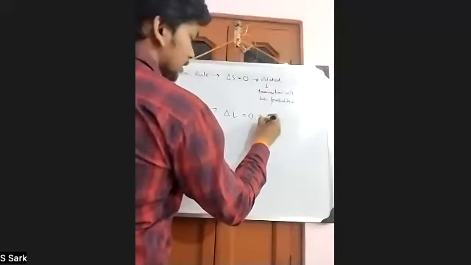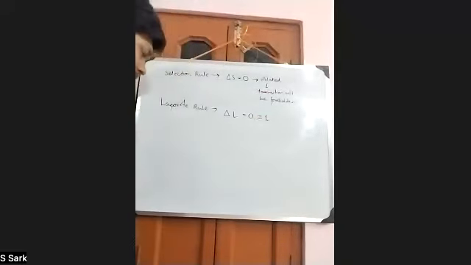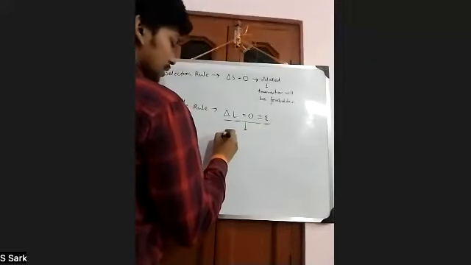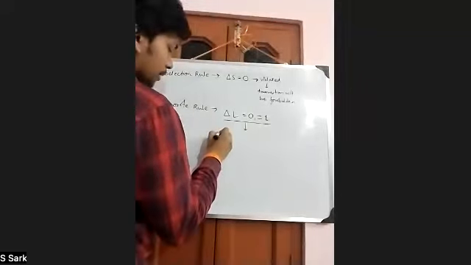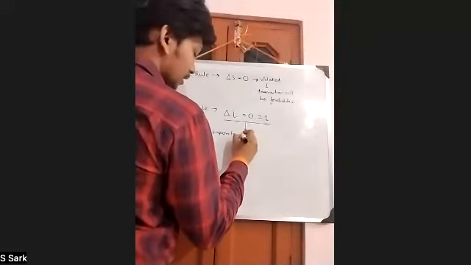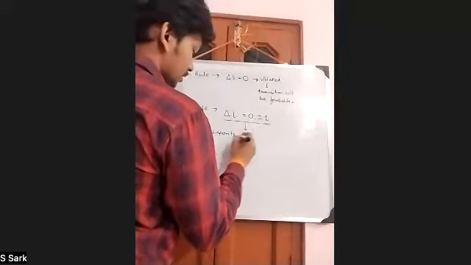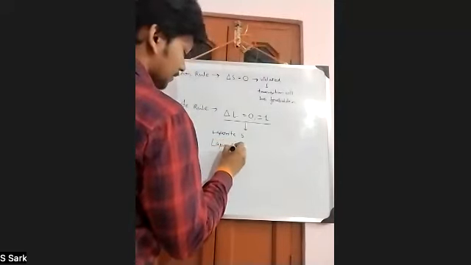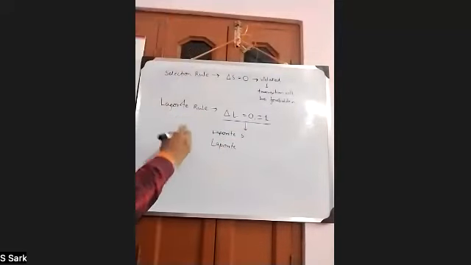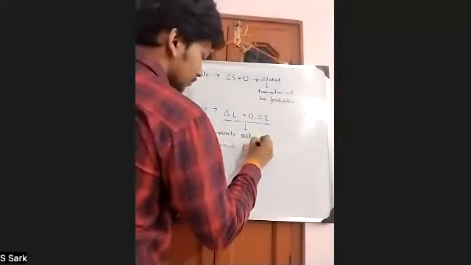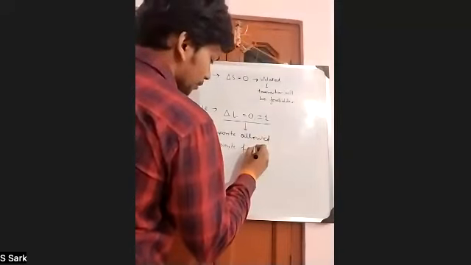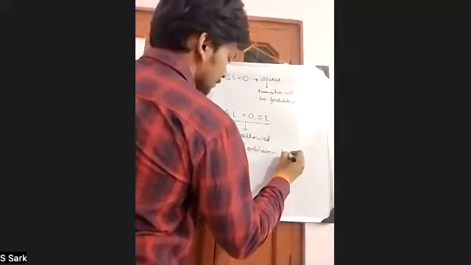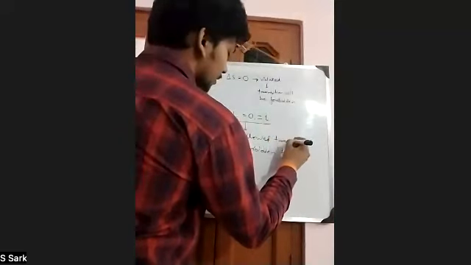So if this rule is maintained, then the transition will be called Laporte allowed, and if the transition is not maintained by this rule, then it will be called a Laporte forbidden transition. First is Laporte allowed transition, and another is Laporte forbidden transition.